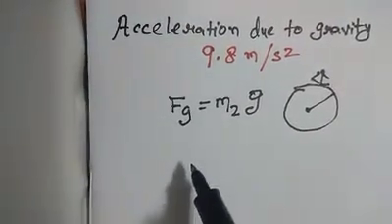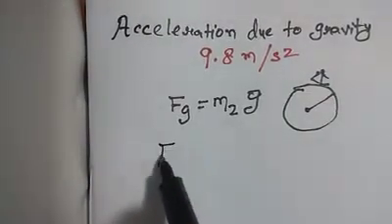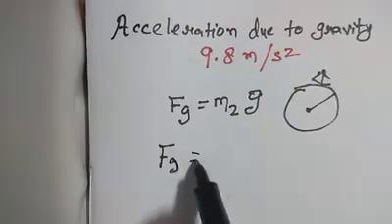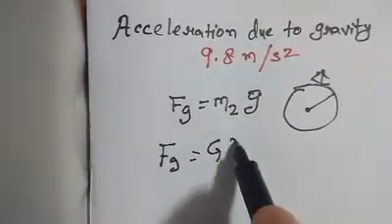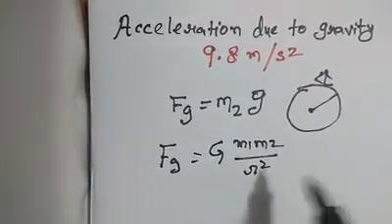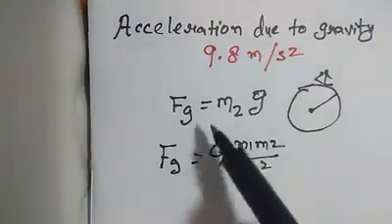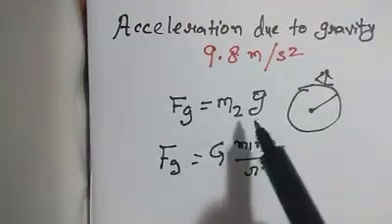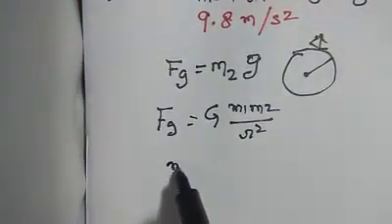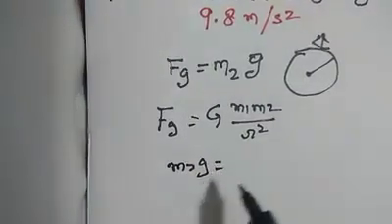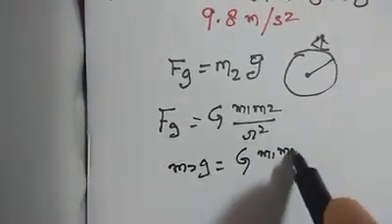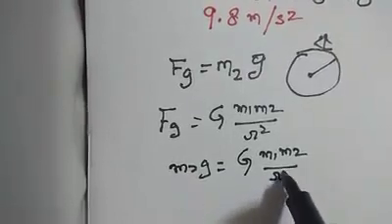We also know from Newtonian mechanics that Fg equals capital G, M1, M2 divided by R squared. We have seen this numerous times. Because we can represent Fg as M2 g, I can write M2 g equals capital G M1 M2 divided by R squared, right?